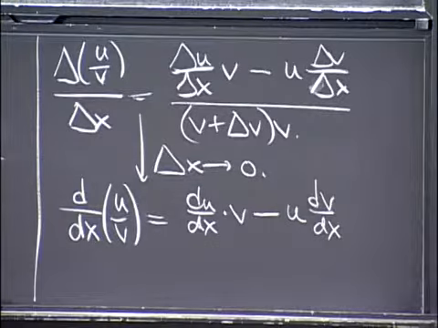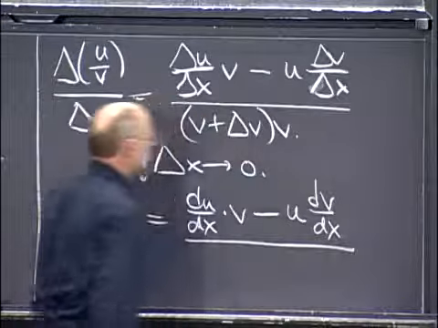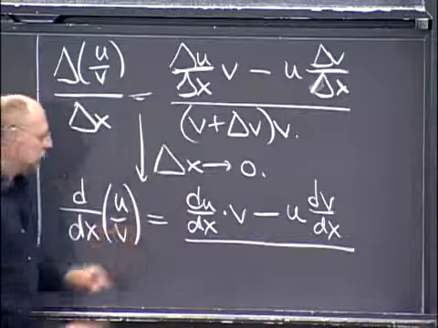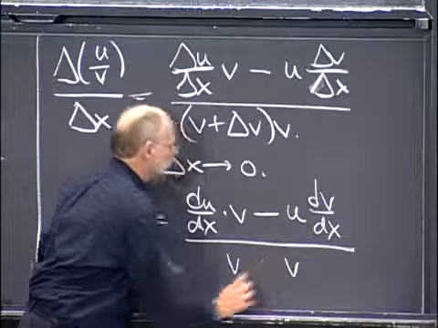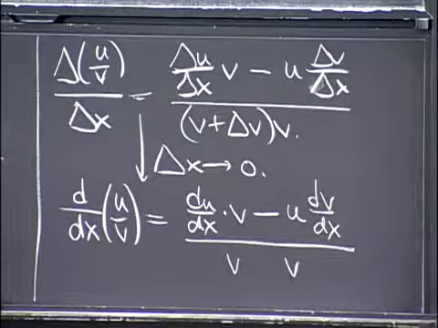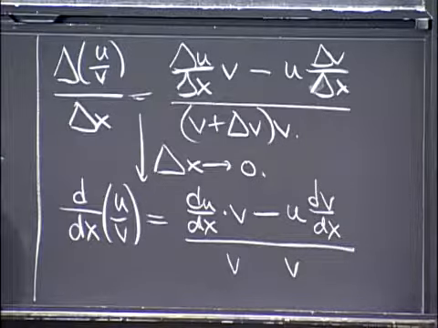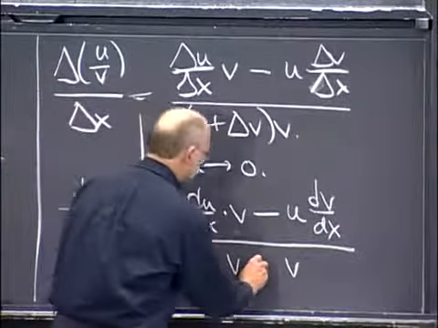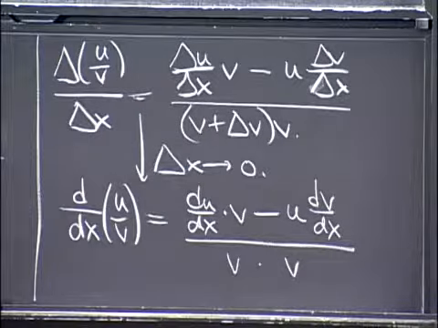Now, what about the denominator? So when delta x goes to 0, V stays the same. What happens to this delta V? It goes to 0 again because V is continuous. So again, delta V goes to 0 with delta x because they're continuous, and you just get V times V.